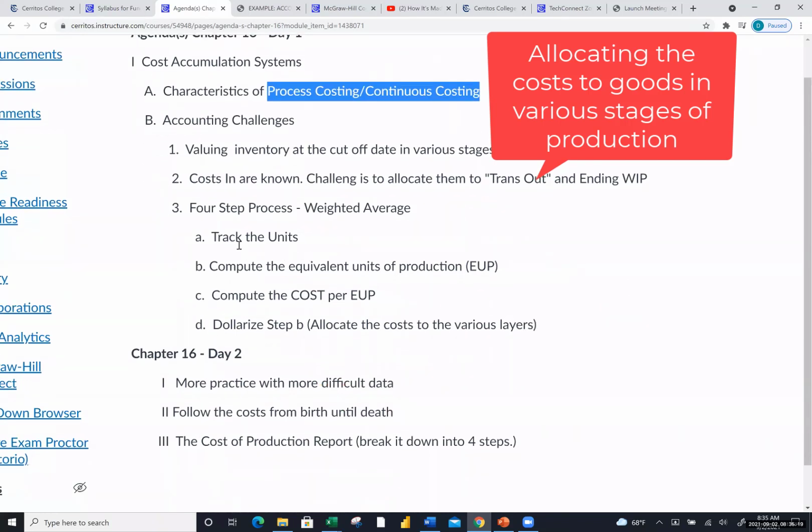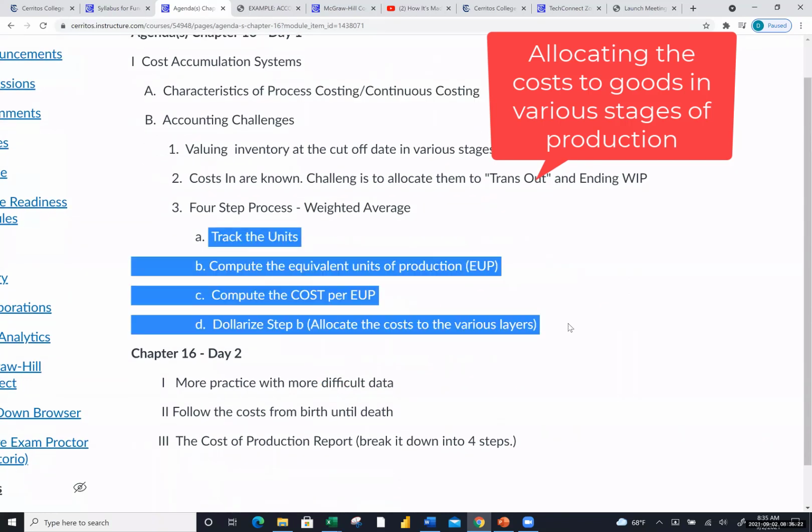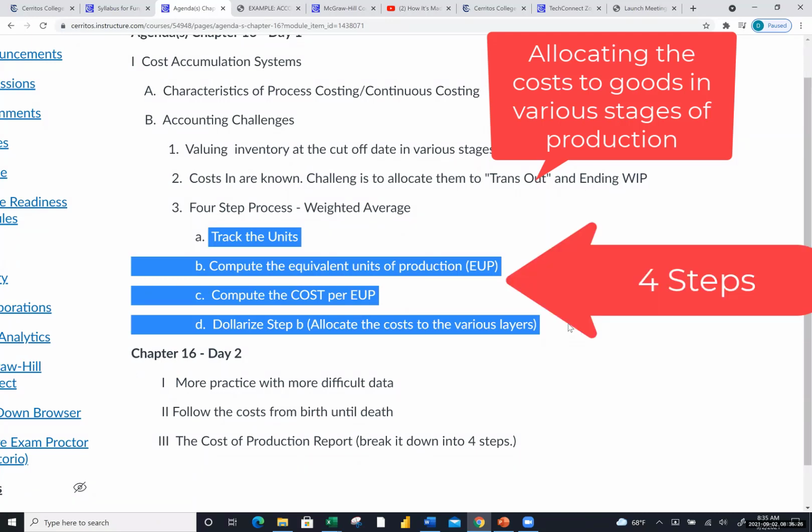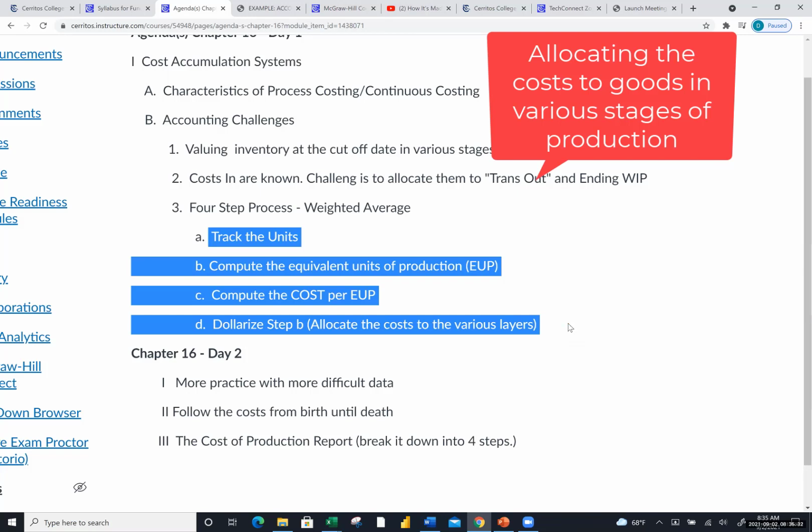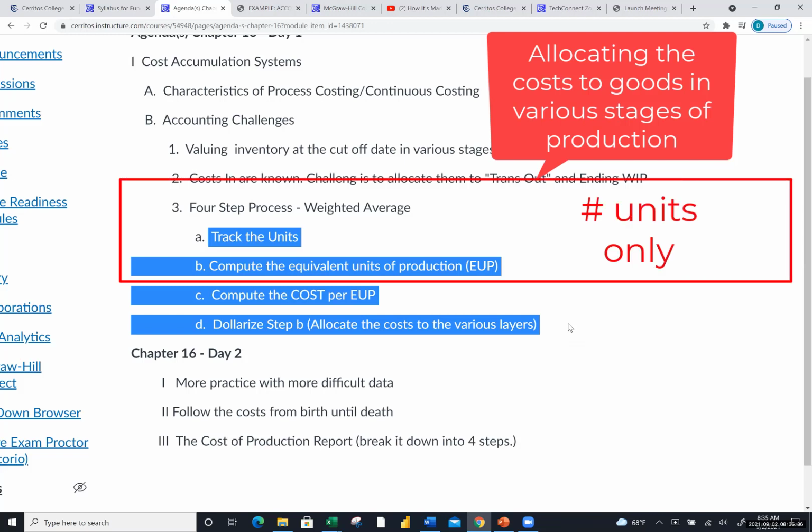Here are these 4 steps. These definitely need to get in your notes. I'm going to follow these 4 steps for the next 2 days. The first one I call track the units. The first thing I want you to notice is that the first 2 steps are units only. There are no dollars in the first 2 steps. So sometimes part of the challenge of process costing is that there's so much information given.